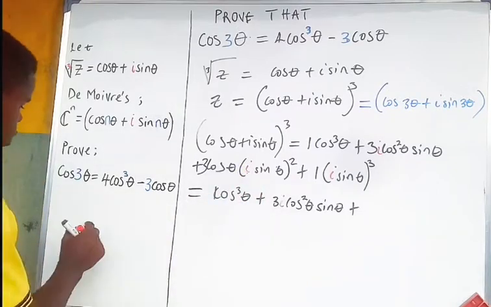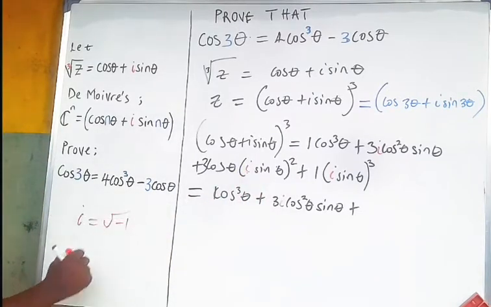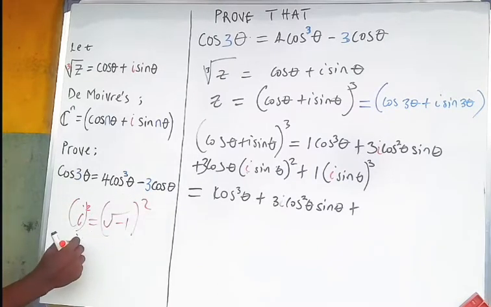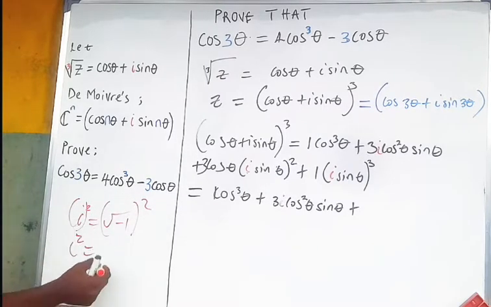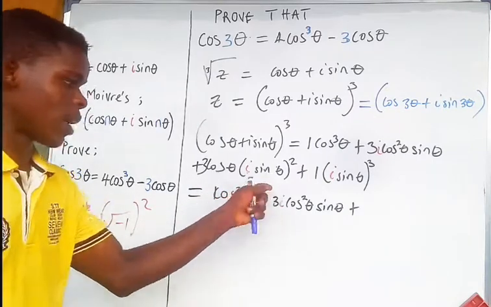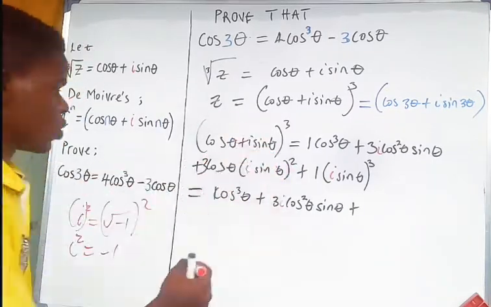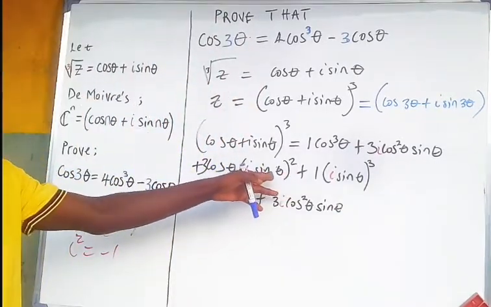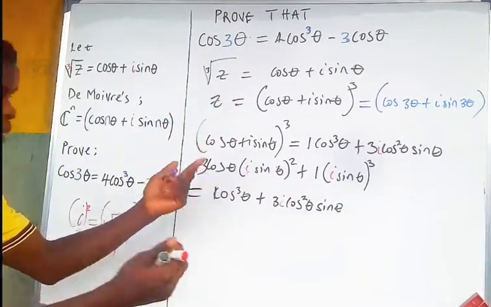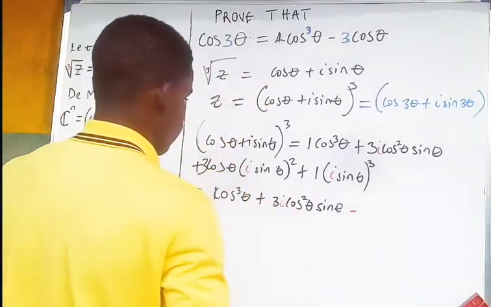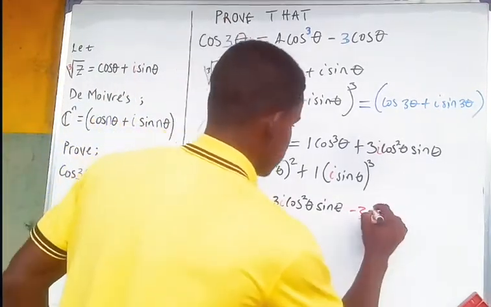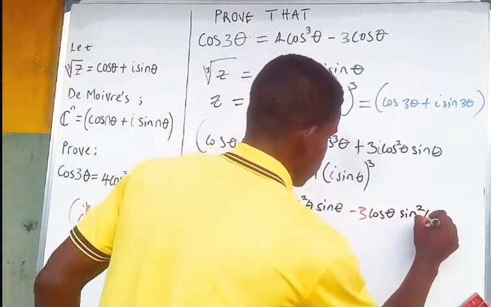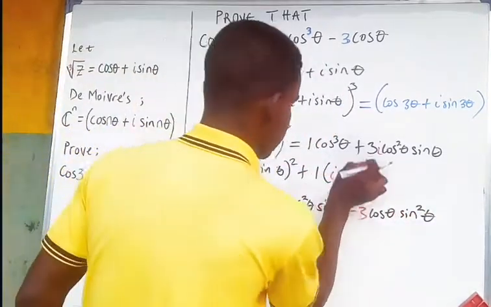We have i equal to the square root of negative 1, so i squared will be equal to negative 1. So we have negative 1 times sine squared theta, which is negative sine squared theta, times this, so you have minus 3 cosine theta sine squared theta.